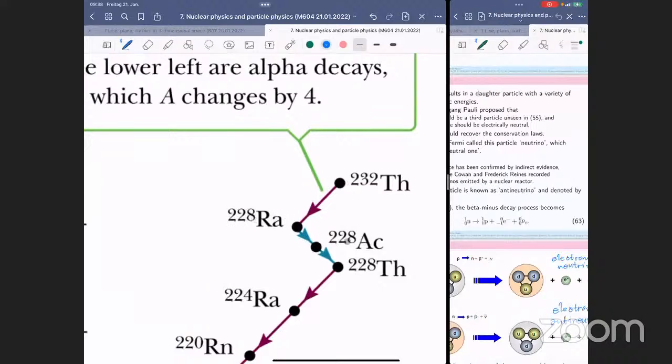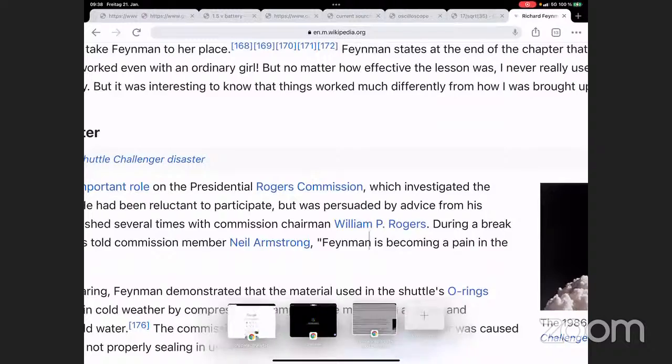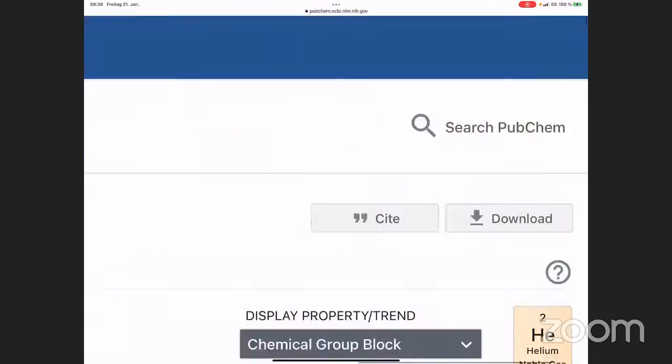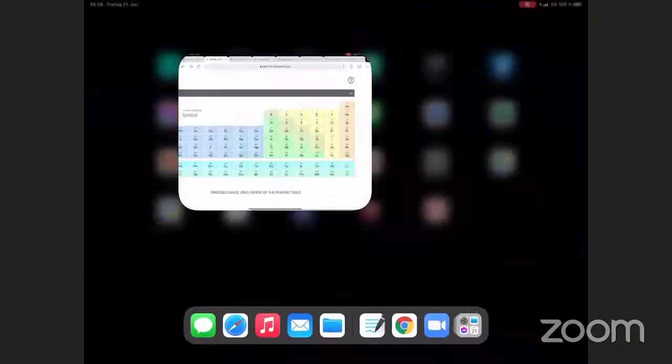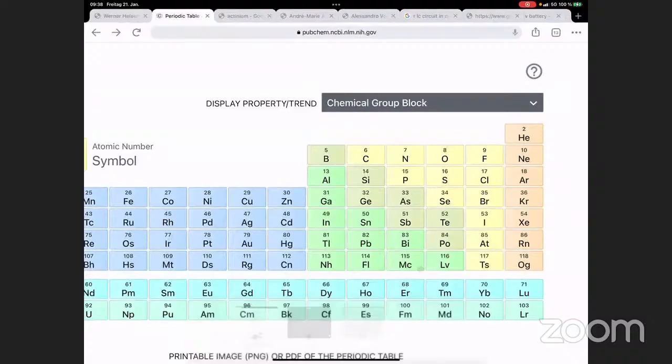But because it's full of neutrons, right? A neutron turns to be a proton, and we get actinium. Let's go to the periodic table. Where is that? Okay, here. Let me open it like this.